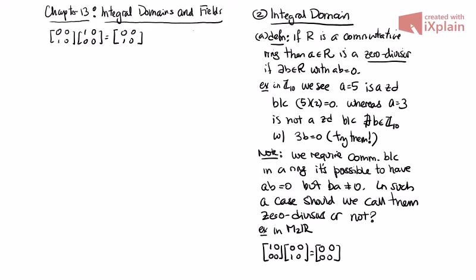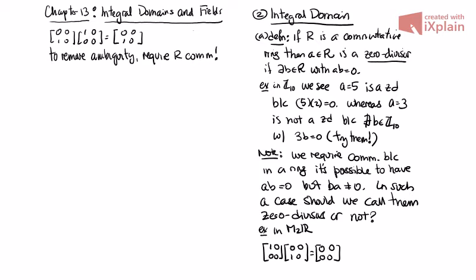So because of this, it would be hard to figure out what we should call these things, zero divisors or not, right? So to get rid of the ambiguity, we'll make sure the ring is commutative so this doesn't happen. So to remove ambiguity, require R to be commutative.